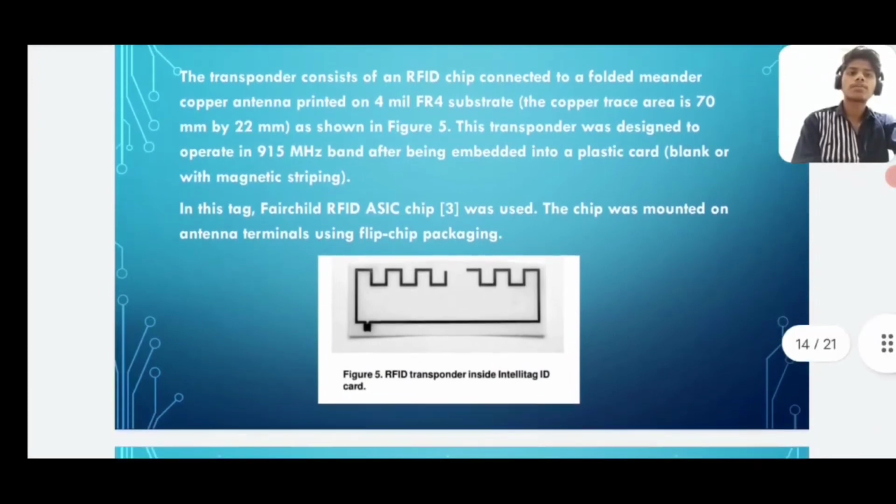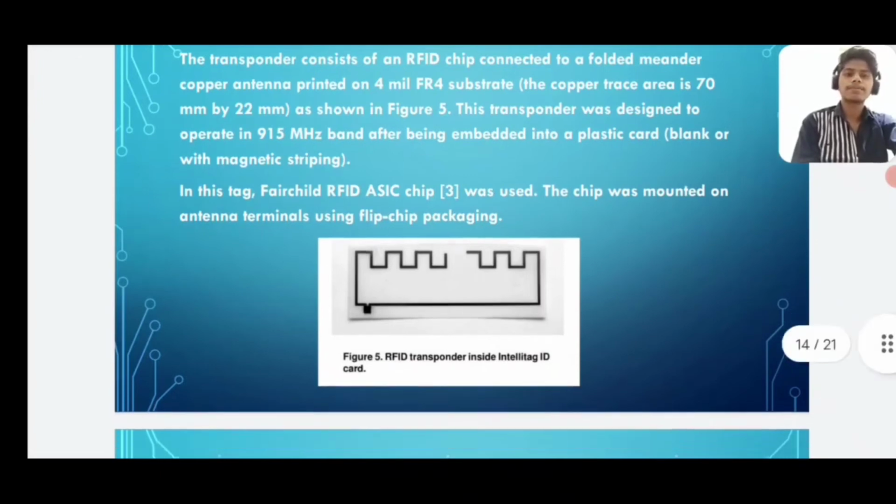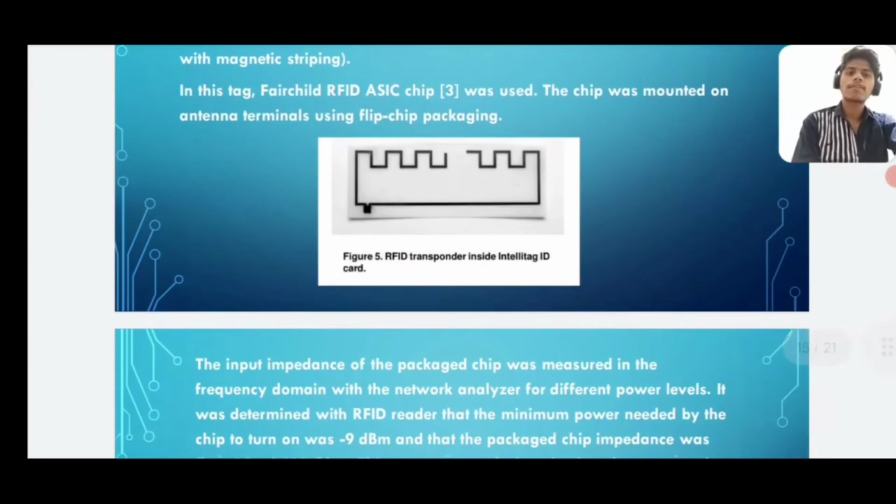The transponder was designed to operate in the 915 MHz band after being embedded into a plastic card. In the tag, a Fairchild RFID ASIC chip was used. The chip was mounted on the antenna terminals using flip chip packaging. This is the figure of the RFID transponder inside the IntelliTag ID card.